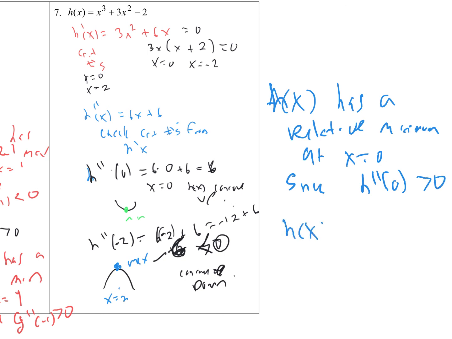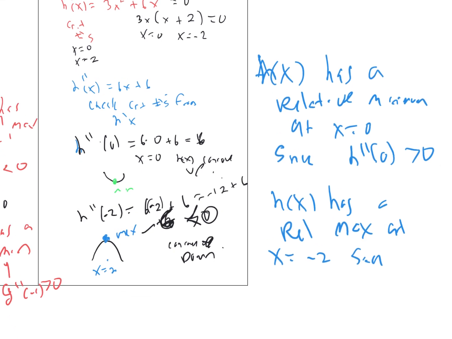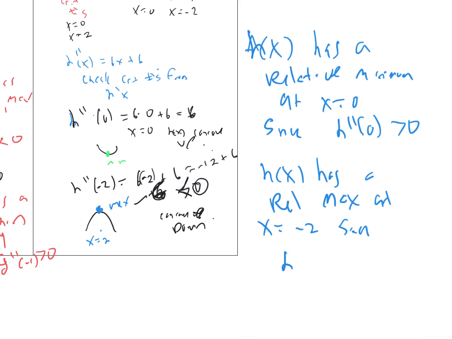H of x has a relative max at x equals negative 2 since h double prime of negative 2 was less than 0.